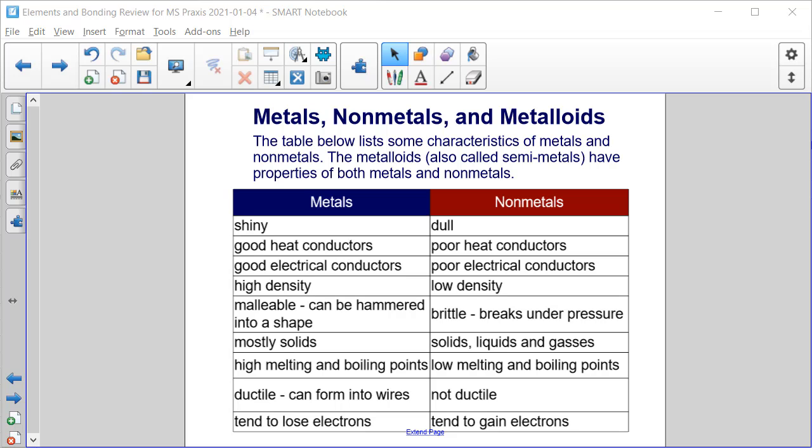Metals on the left side of the periodic table tend to lose electrons and become cations, as we talked about in the previous section, whereas nonmetals tend to gain electrons and become anions. These types of physical and chemical characteristics are things that we can use to identify elements as either metal or nonmetal.